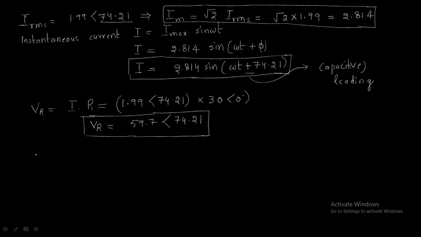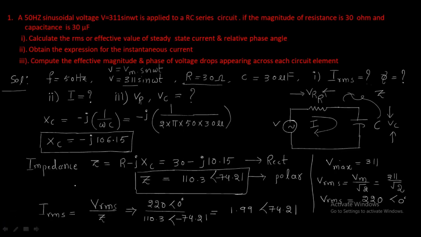Next, we have another element, the voltage drop across the capacitor. We get current into capacitive reactance, which is generally minus jX. So current is 1.99 at an angle of 74.21 into XC. What is the XC value?